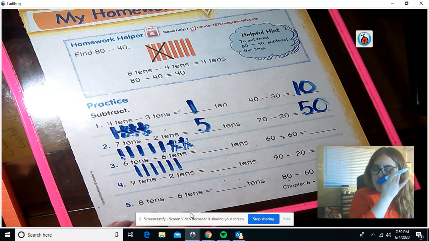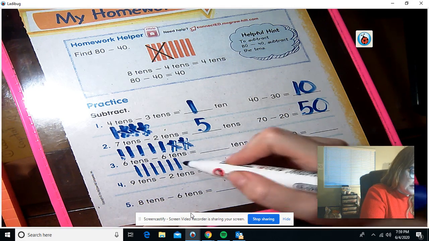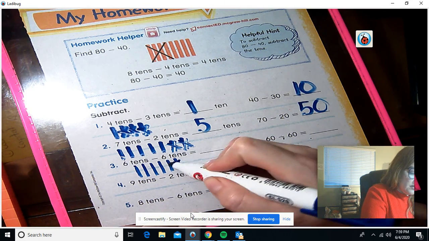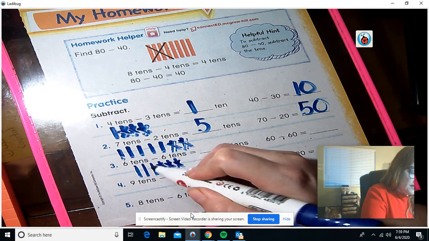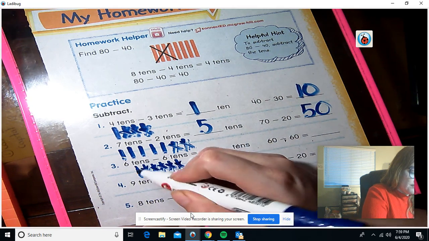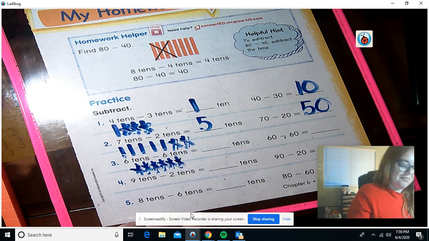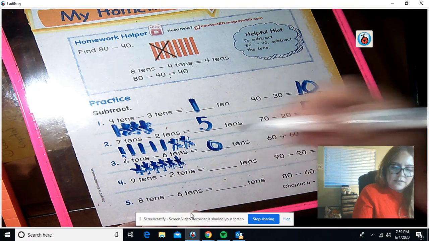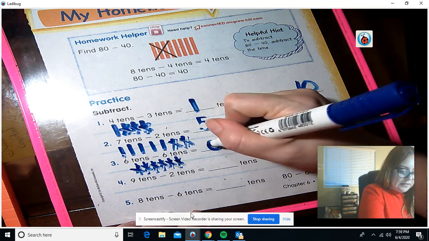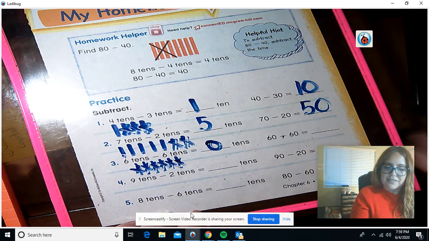Minus 6 tens. So we're going to take away 6 tens. 1, 2, 3, 4, 5, 6. How many are left? None. Nothing. We have 0 tens left.